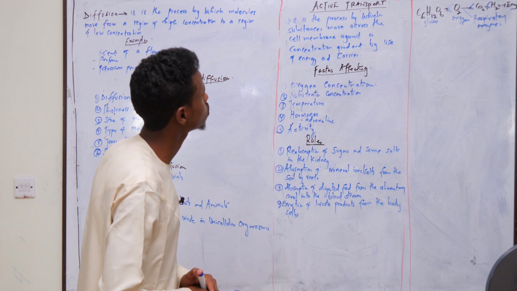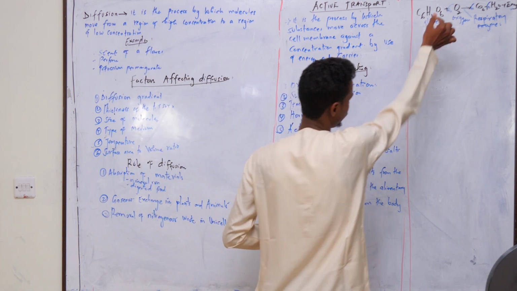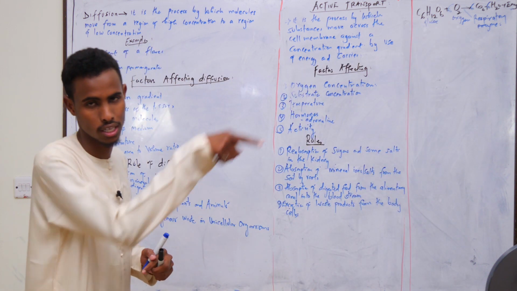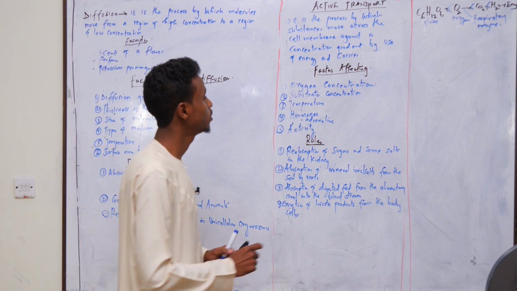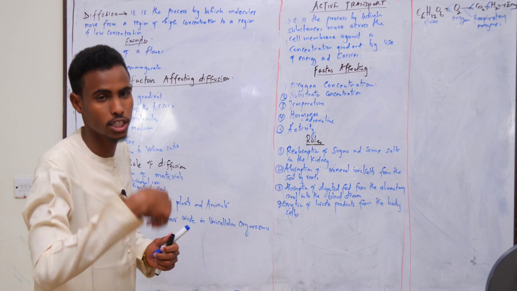Now let's look at this. This glucose, class, is a factor affecting the rate of respiration. We can see that oxygen is also a factor affecting the rate of respiration.